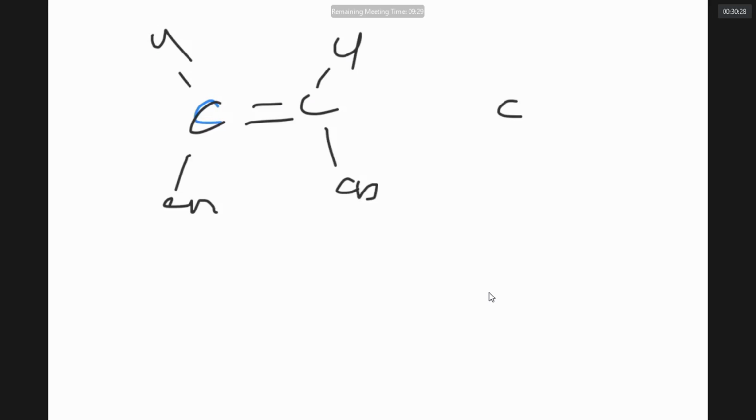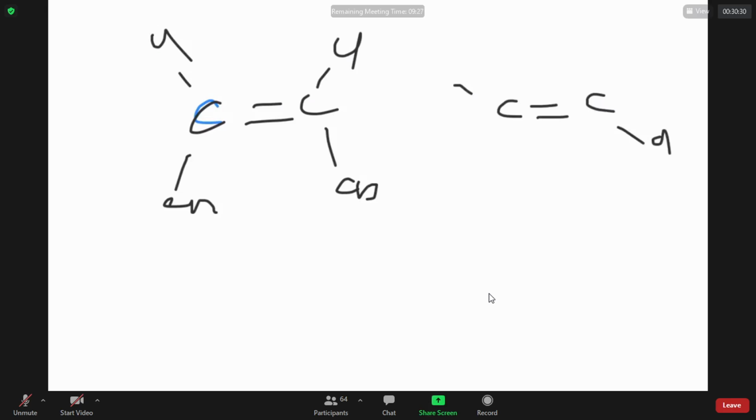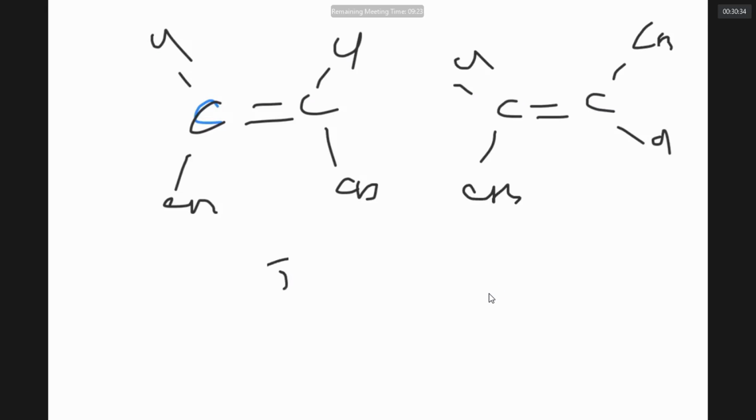Now I will write this. Let us use black color. C double bond C, chloro, methyl; C double bond C, chloro, methyl. Do you think 1 and 2 are same? Here, two Cls are very close.